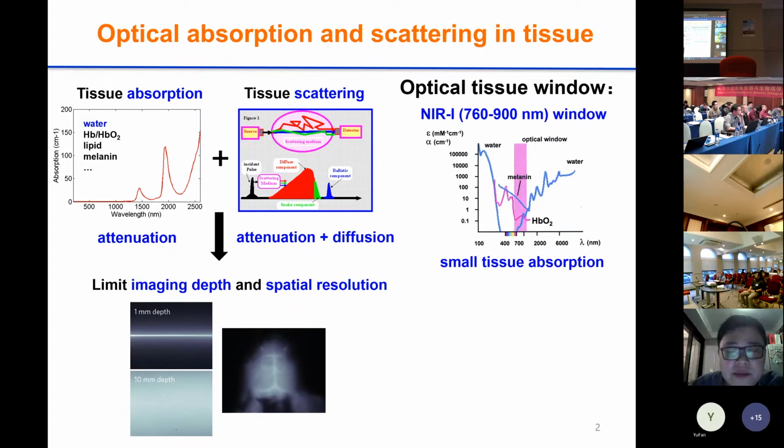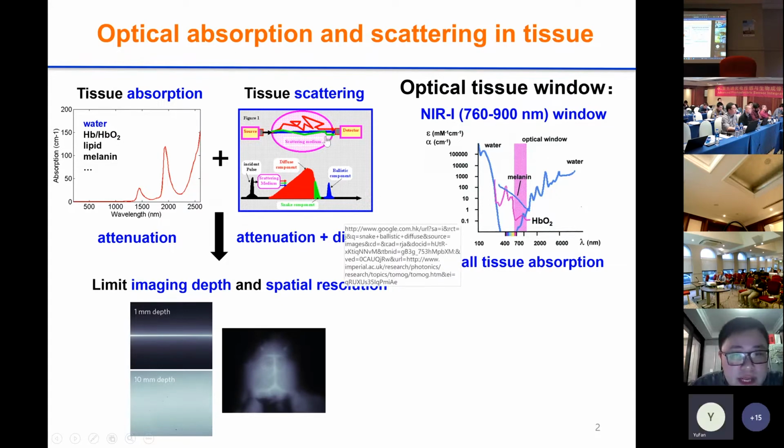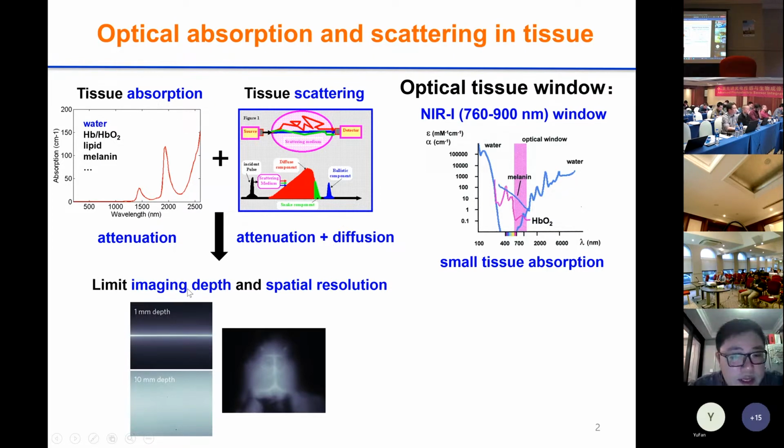Previously, people mainly focused on the optical spectral range from, for example, 760 nanometer to 900 nanometer, because in this range the tissue absorption is very small, so they called this window the optical tissue window.